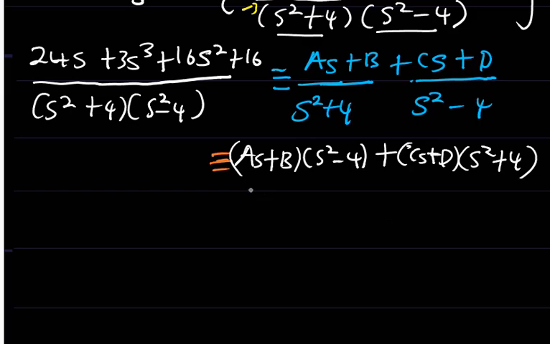Alright, so of course the denominator will cancel out. So I bring this down, 24x plus 3x cubed plus 16x squared plus 16. Alright, so let's do this.